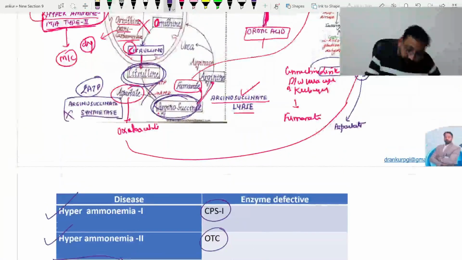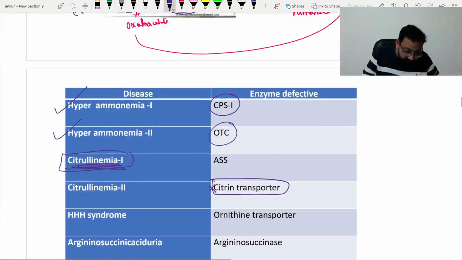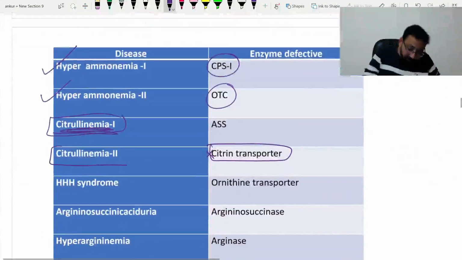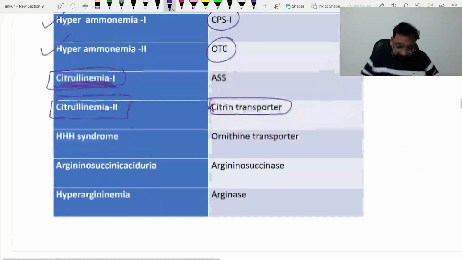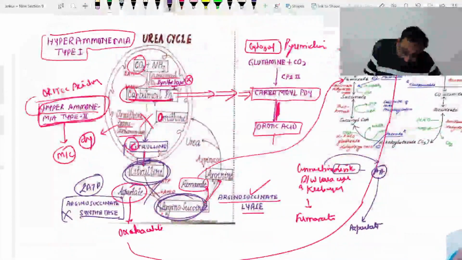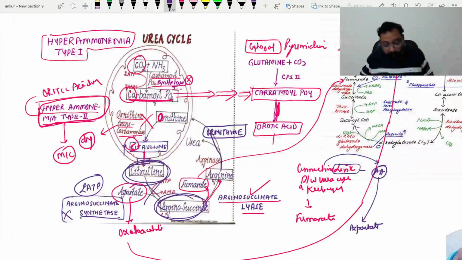Sometimes there is a defect in citrulline transport. If the citrulline transporter is defective, it again leads to increased citrulline. That is called citrullinemia type 2. Triple H syndrome: arginine is converted to ornithine. If you have attended my regular class, it would be easier to recall.